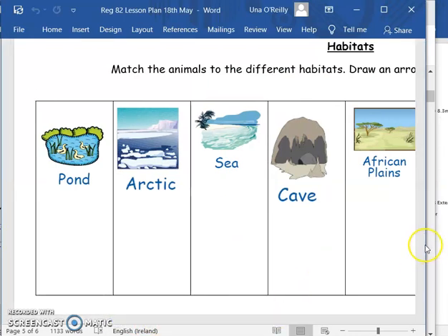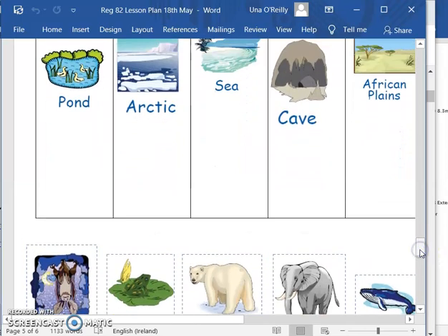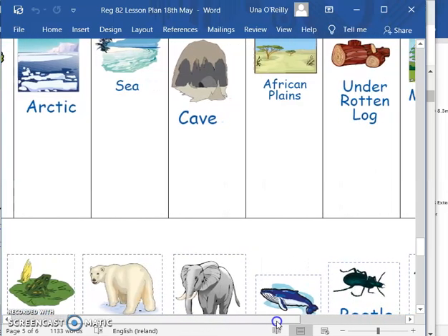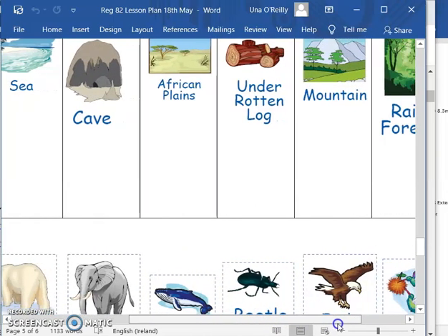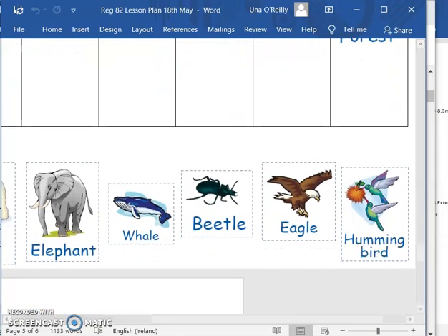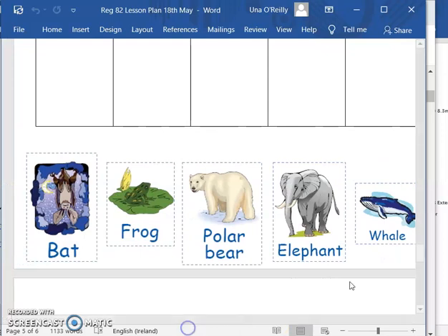Okay, so you've got habitats. Okay, you've got a picture of 6 or 7 different habitats: pond, Arctic, sea, cave, African plains, under a rotten log, mountain, and rainforest. And then below that you have 7 different animals: hummingbird, eagle, elephant, polar bear, frog, and bat.